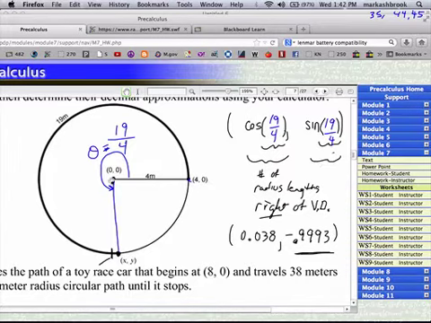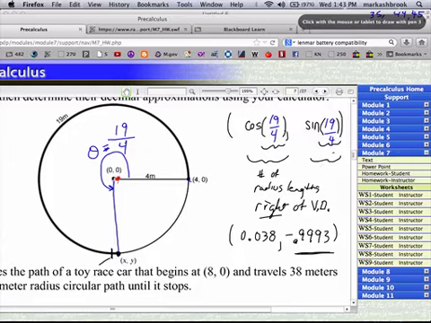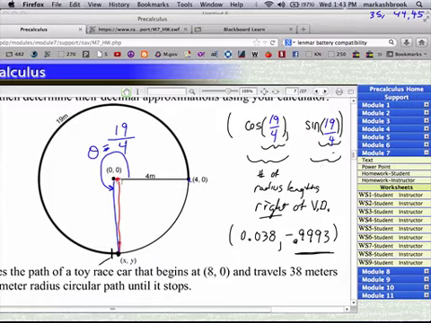Just barely, a little bit to the right, 0.038 radius lengths to the right, and almost 1 radius length below the horizontal diameter. So these numbers should make sense.